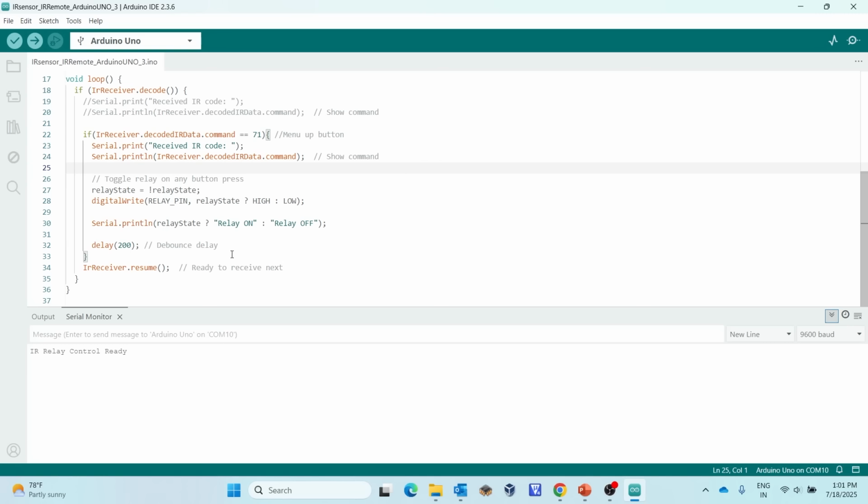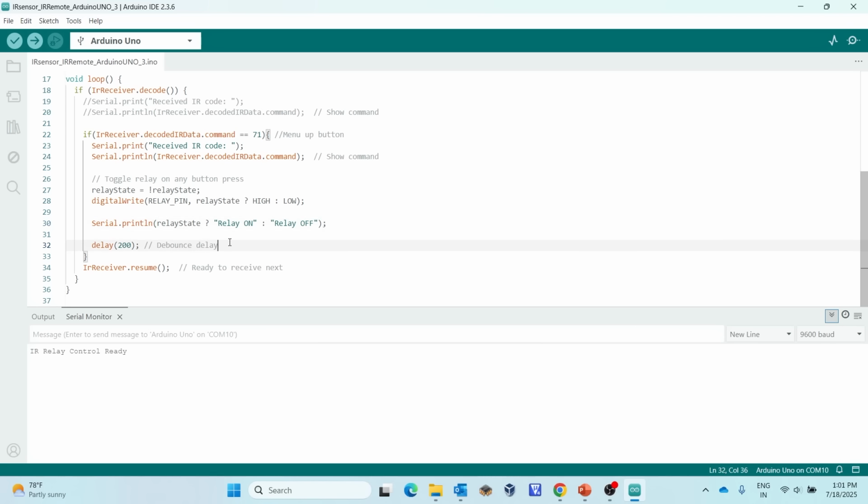bulb starts glowing on. And once again I press that same button, the menu up button on the remote, I'll again receive 71 as the IR data. Then my relay state becomes low, relay turns off. When the relay turns off, my bulb will turn off.